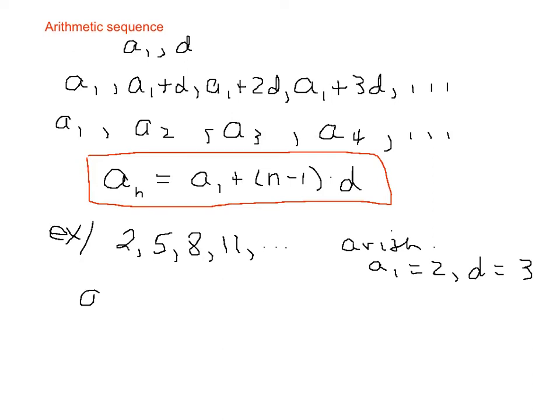So suppose I want to know what the 12th term is. Well, the 12th term is simply going to be the first term plus 11 d's. And so the 12th term is going to be 35. All right? So that's some of the types of questions that you're going to be looking at.